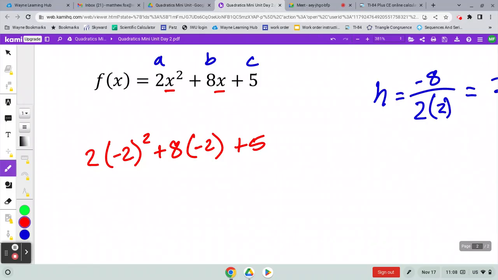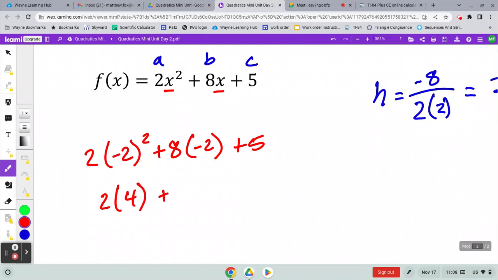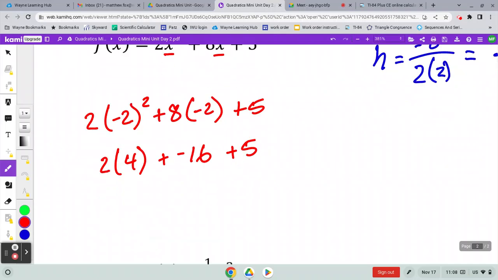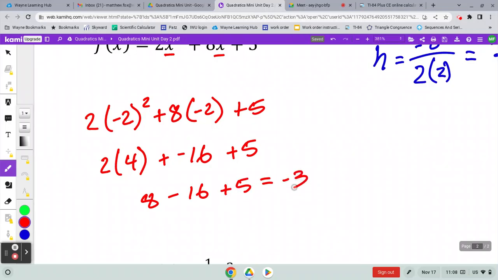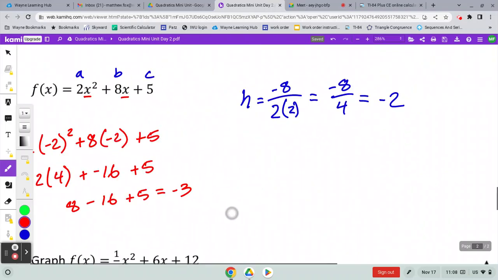Exponents. What does negative 2 squared become? 4. We multiply. We get 8 minus 16 plus 5. What does all of that combine to? Negative 3.